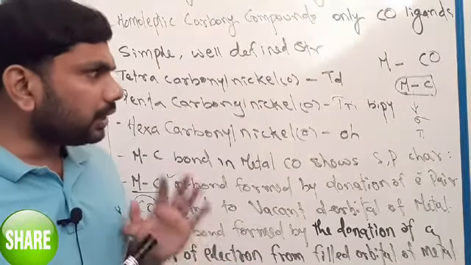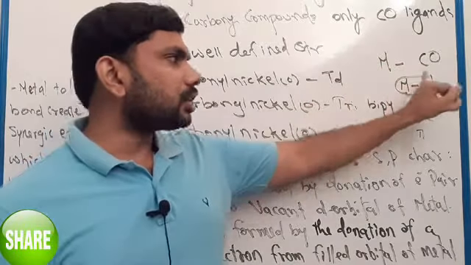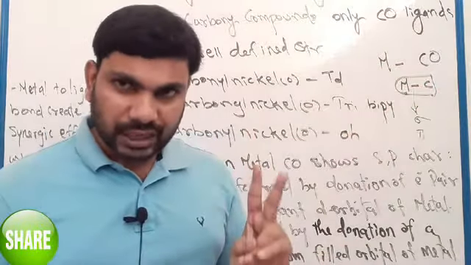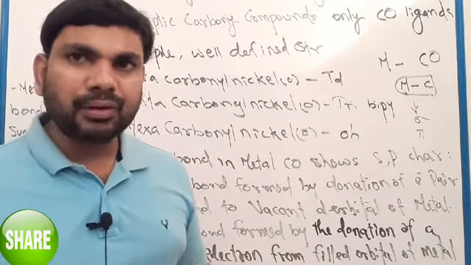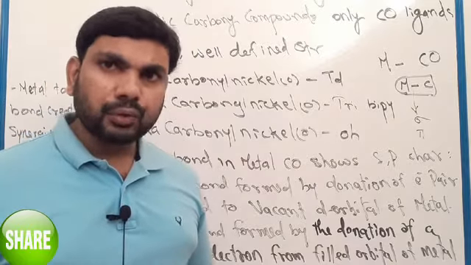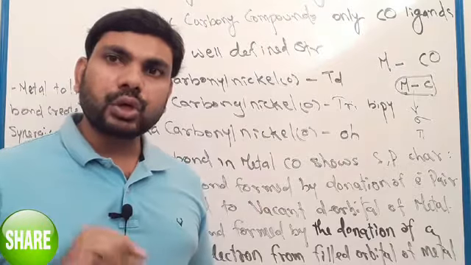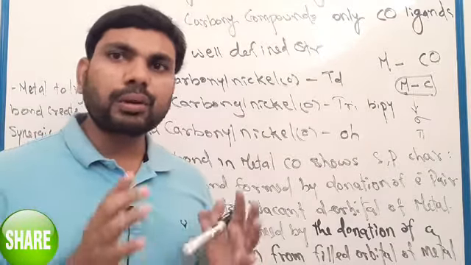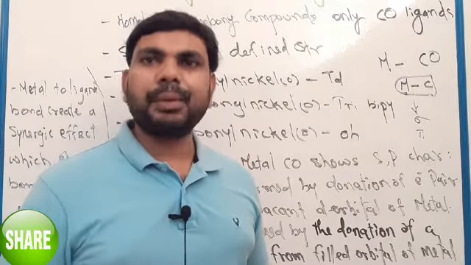So in metal carbonyl, metal and carbon form two different types of bond, sigma bond and pi bond. How is the sigma bond formed? The carbonyl group contains a lone pair of electrons. This lone pair will donate into a vacant d orbital of the central metal atom and form a sigma bond.